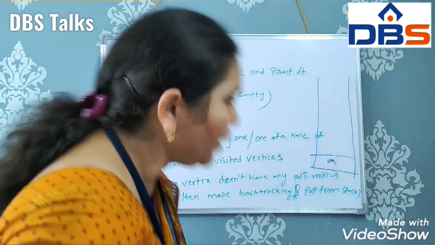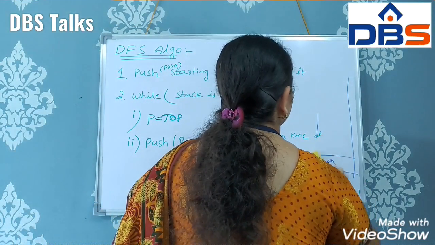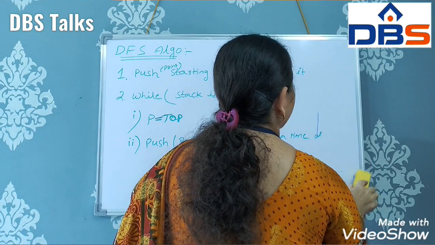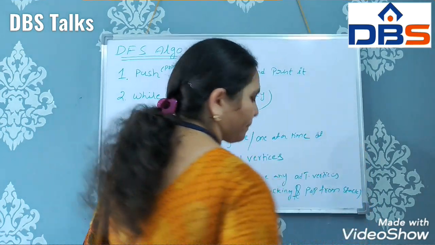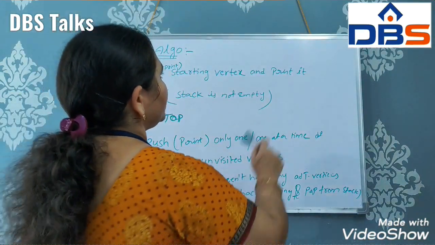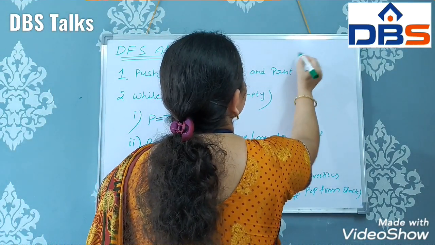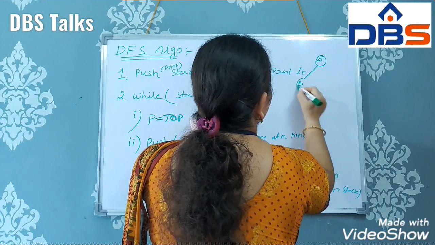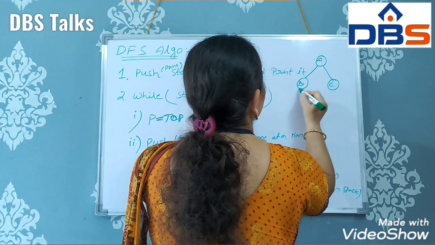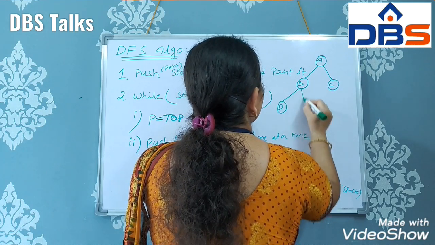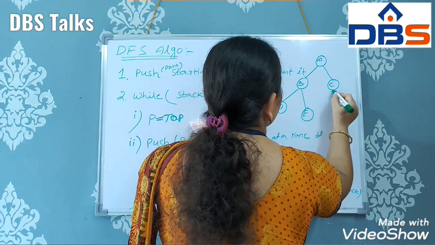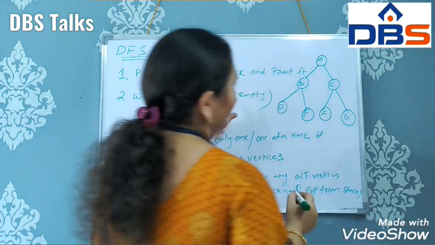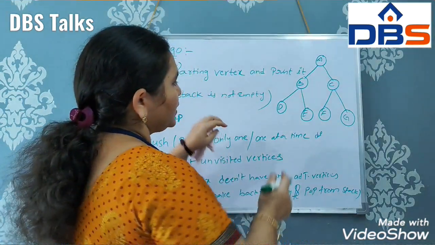Here I am taking a small example for easy understanding. According to these points, I am taking a binary tree for easy understanding.